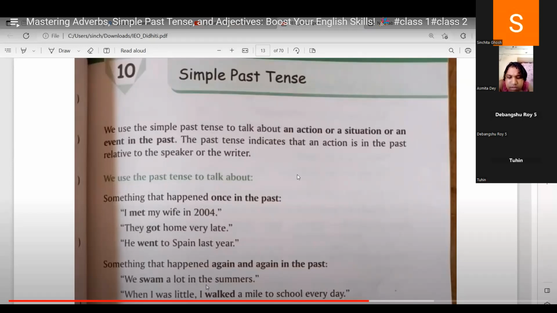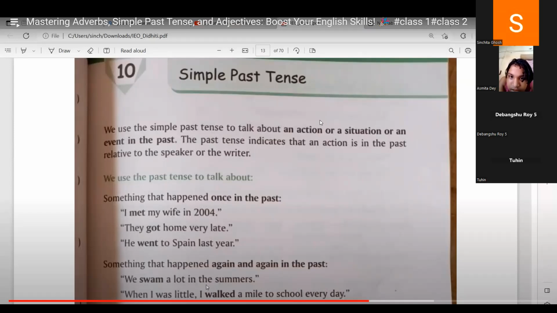Before, Ram was a bad boy. You can tell it: before, Ram was a bad boy. So you have to say it in the past tense. Not "is". "Is" means it is happening now. And "was" means it has already happened in the past. Very good, Debangshu. Excellent.